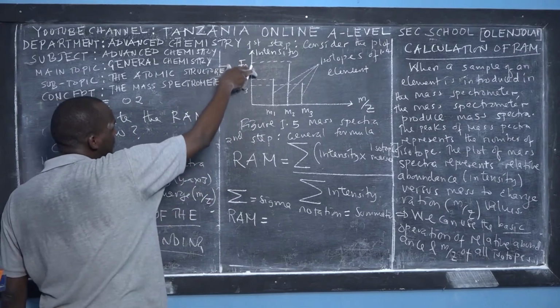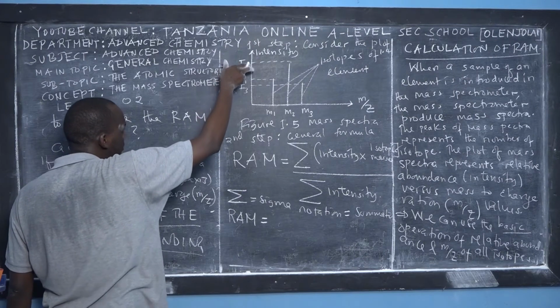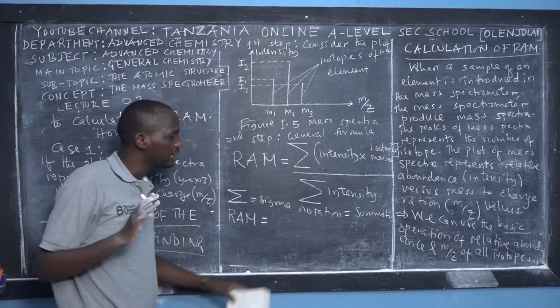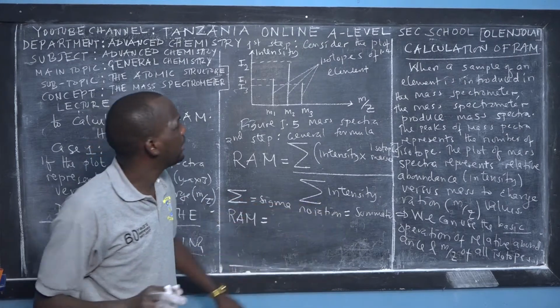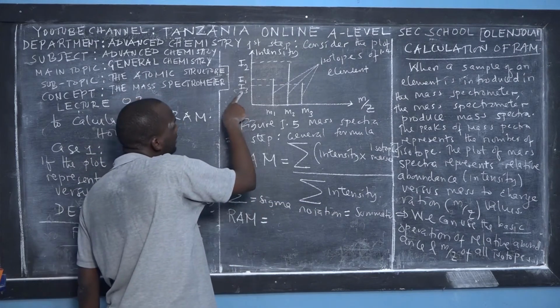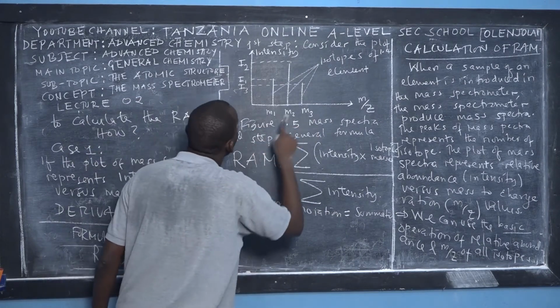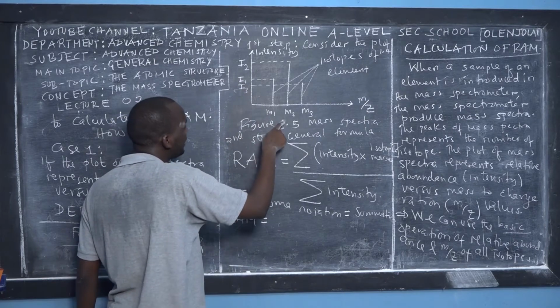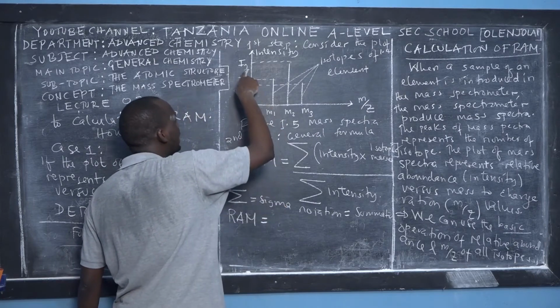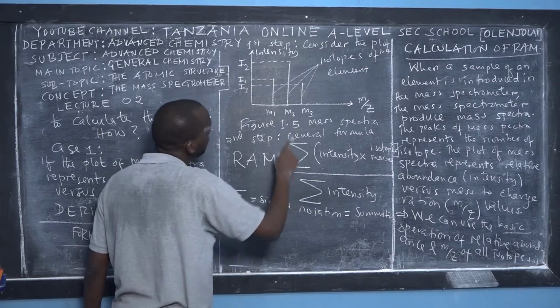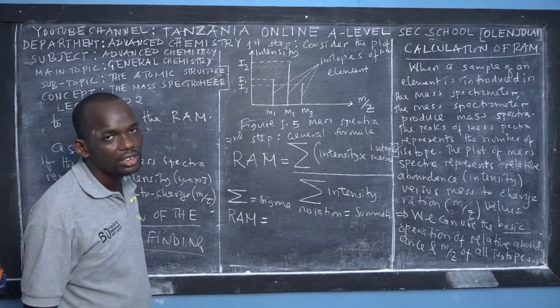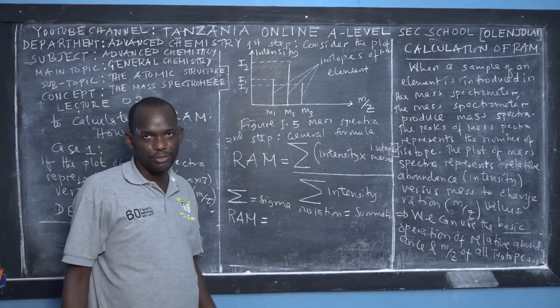So you see, the sum of intensity 1 plus intensity 2, intensity 3, forms the denominator of this formula. And the product between I3 and M3 plus I1 and M1 plus I2 times M2 gives us the numerator of the formula.